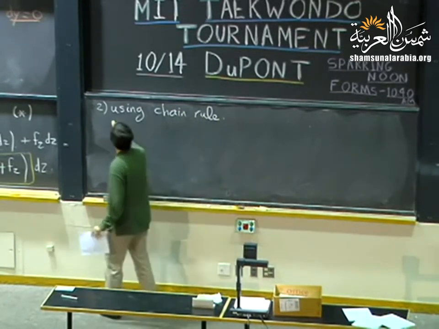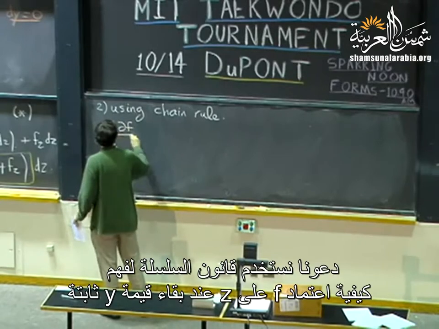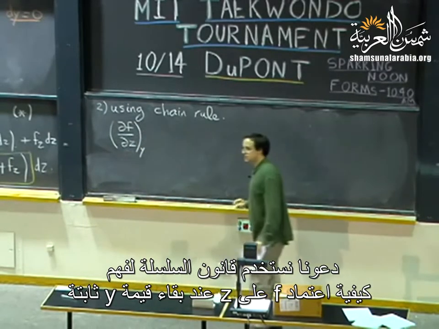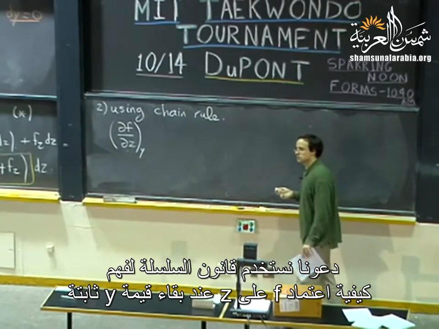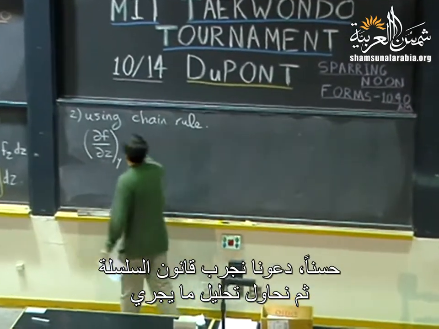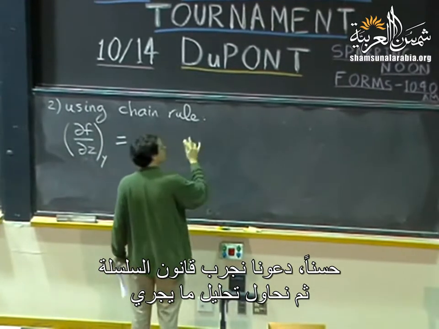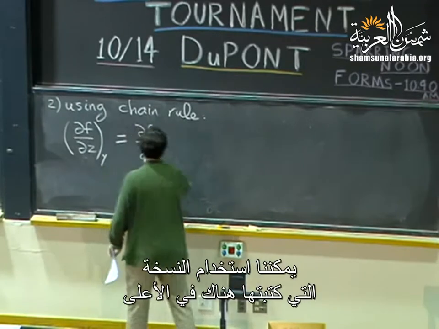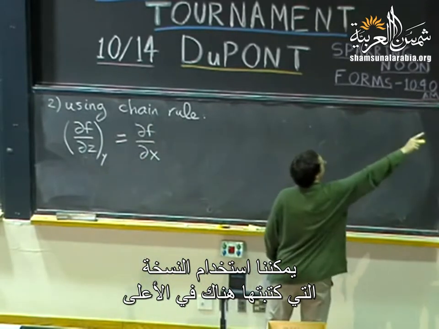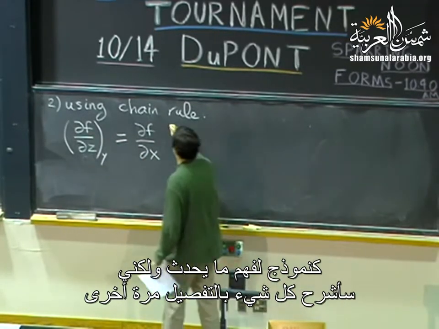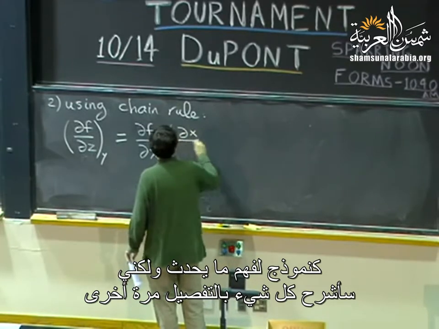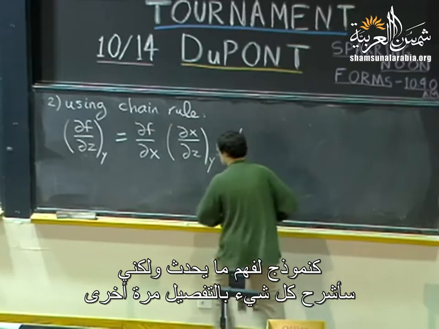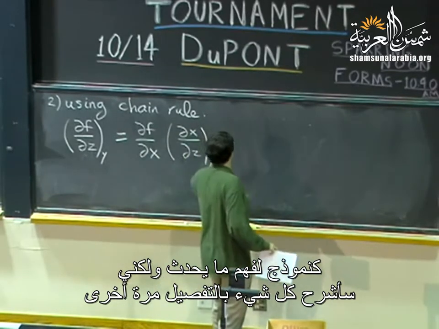Okay, so let's use the chain rule to understand how f depends on z when y is held constant. So let me first write the chain rule brutally, and then we'll try to analyze what's going on. So you can just use the version that I have up there as a template to see what's going on. But I'm going to explain it more carefully again.